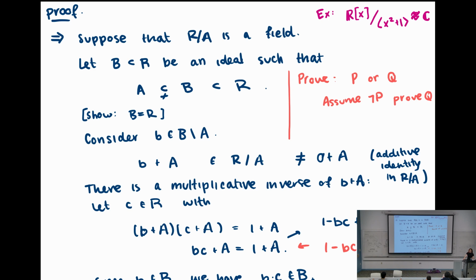If you wanted to think through this proof in a specific example, this is something that you could think about. And we'll see later a proof of why this is a maximal ideal. Okay, other questions? Shall we do the reverse side?